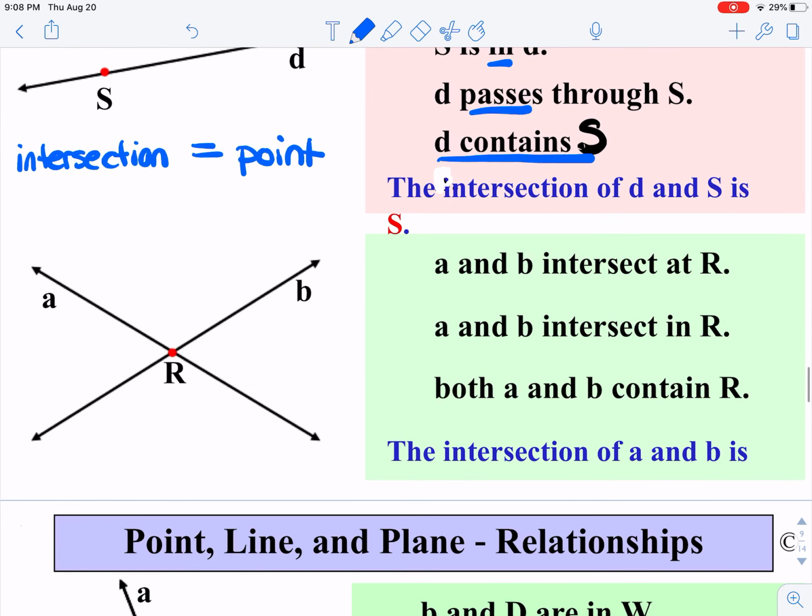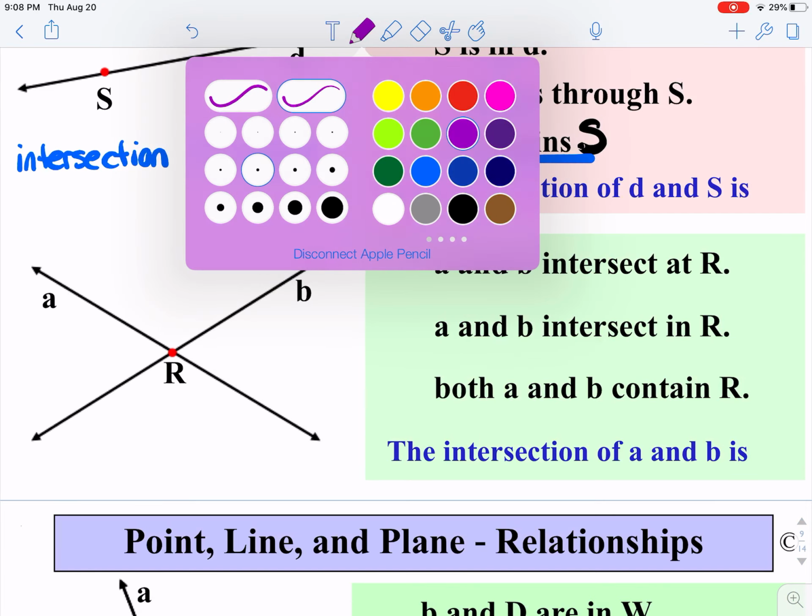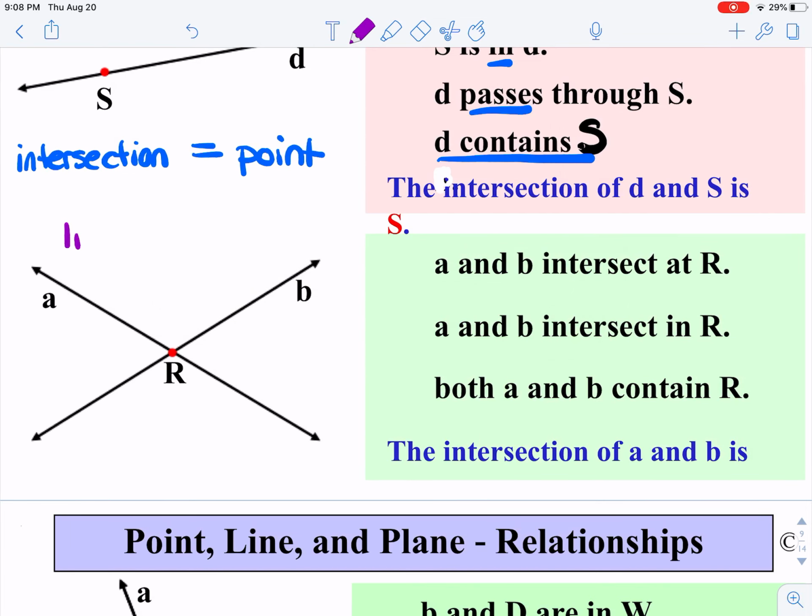The next example, let's go purple, we have 2 lines. So a line and a line. When 2 lines intersect, they intersect at a point. As you can see, they intersect at point R. The intersection of A and B is R. So look at all the different ways we can say this.